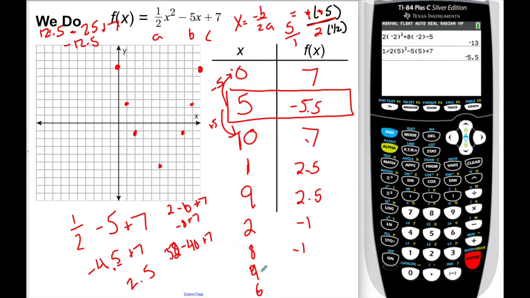I'll plug in 4. 4 squared is 16. Half of 16 is 8. 4 times 5 is 20. So it's 8 minus 20, negative 12, plus 7. So it's negative 5.